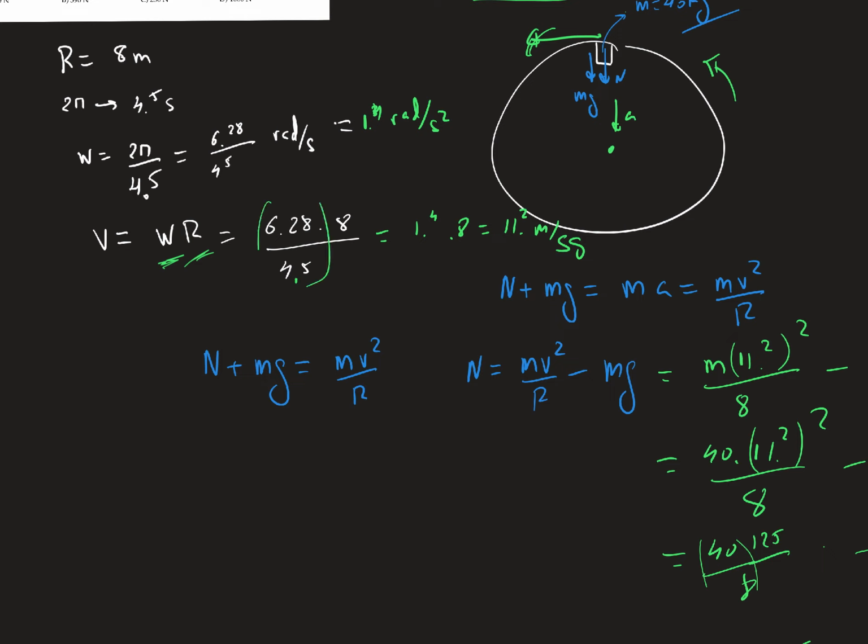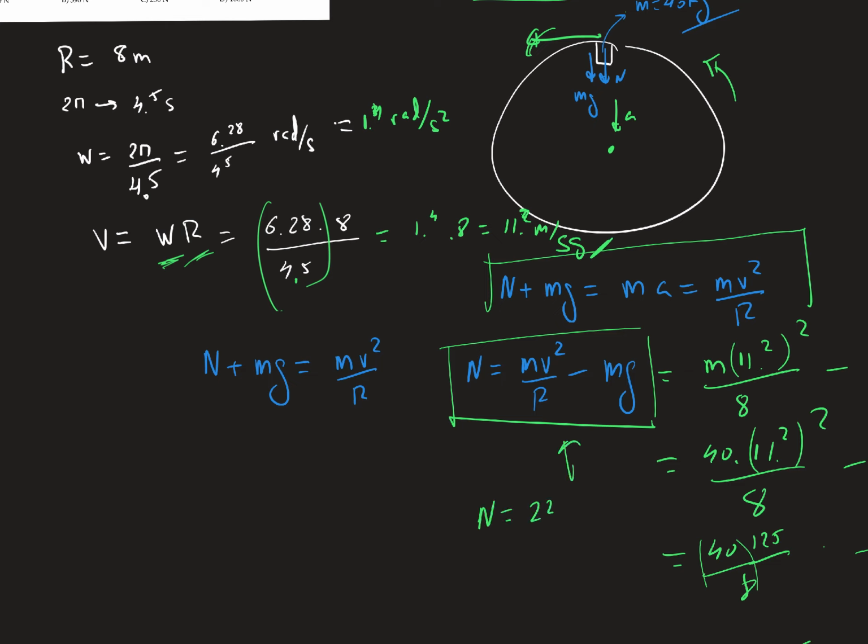Omega is 6.28 divided by 4 pi, multiplied by 8, this is 11.2 meters per second. So this is the equation, and this is the result. So you plug in numbers here, and you will find a normal force of 225 newtons going downwards. And this is, of course, the force that the floor is doing on the guy.